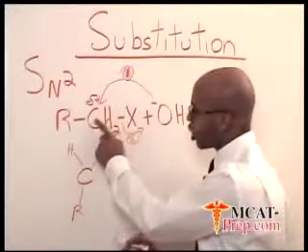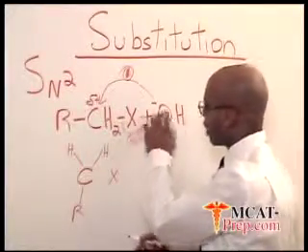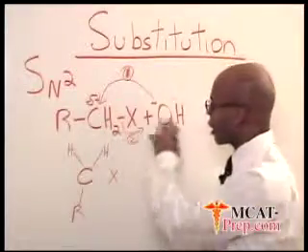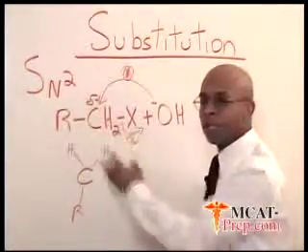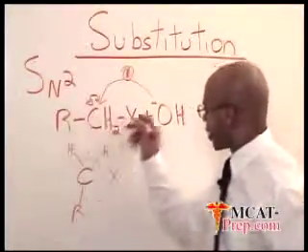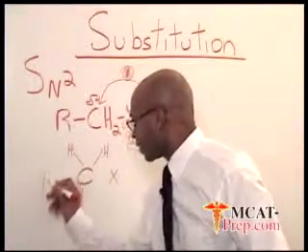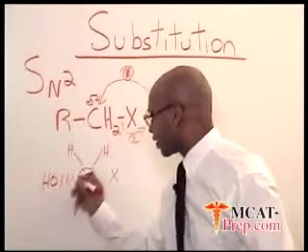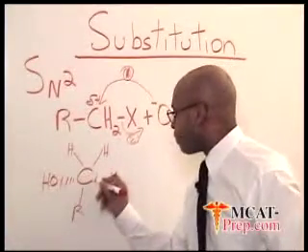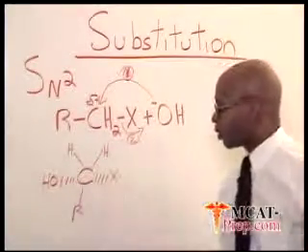See, the carbon is bonded here to the X group. In order for it to be dislodged, the OH minus group has to come in from behind and hit the carbon and knock out the X group. So as the OH group comes in and starts bonding to the carbon, the bond to the X group is being broken.